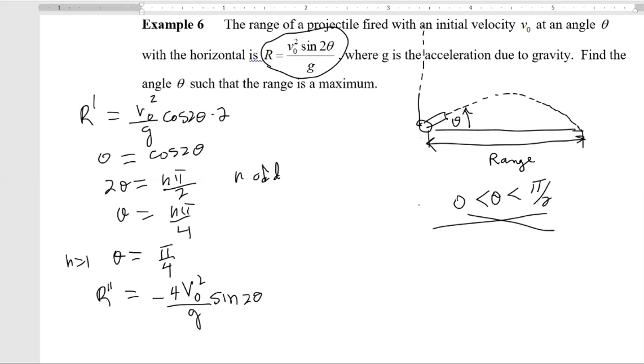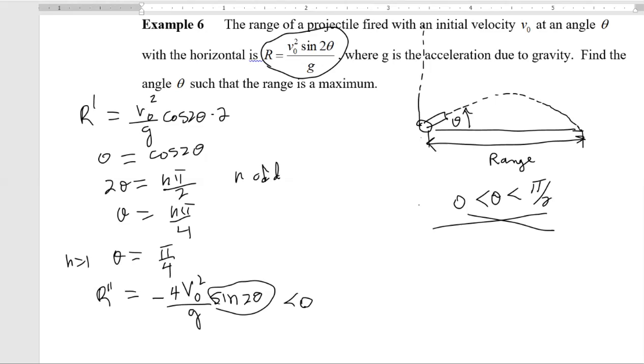But as you can see, sine is positive for theta between 0 and pi over 2. So certainly this whole quantity is going to be negative, which means that it's concave down, and we do have a relative maximum for any value of theta that we're using here. So that really doesn't show that we found the right theta, but we have a possible theta.